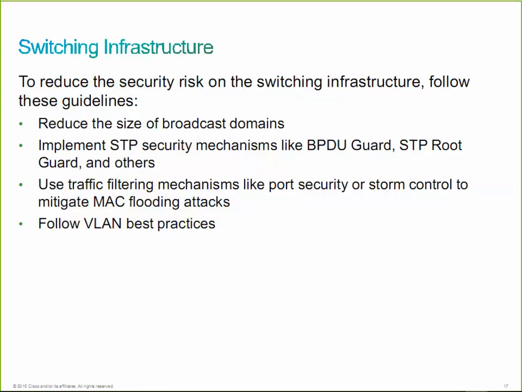You can even extend your VLAN best practices to include things like running private VLANs or protected mode, switchport protected mode on your ports. There's a whole bunch of different things, and we talk about using a native VLAN, for example, as our black hole VLAN. Assigning unused ports to a black hole VLAN. Lots and lots of different things.